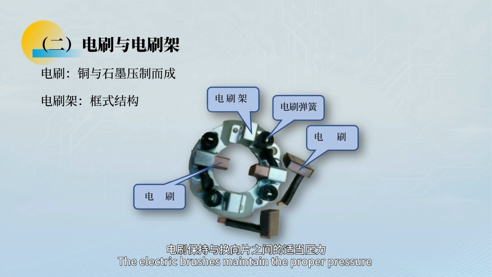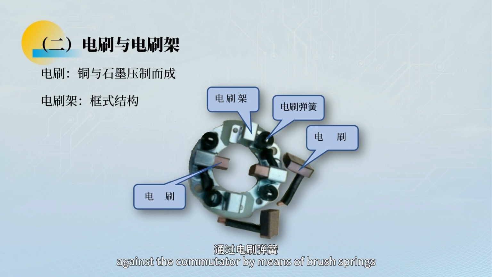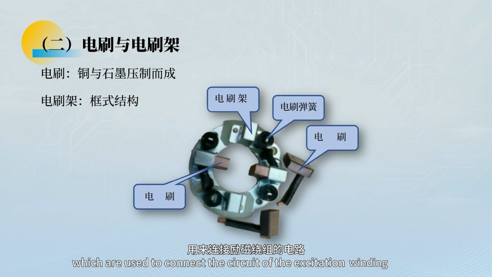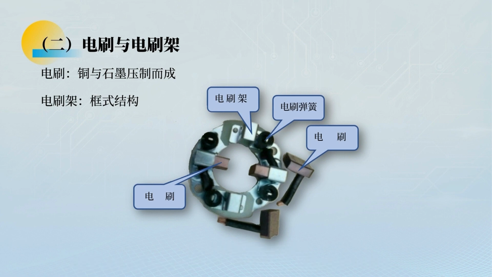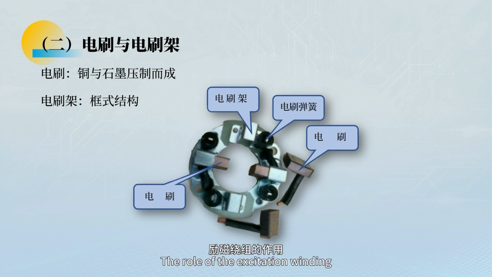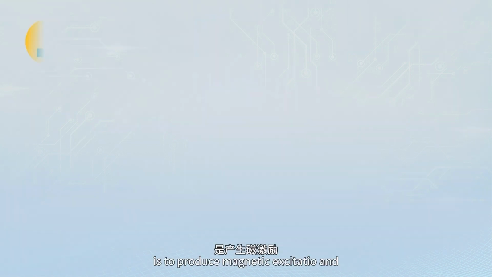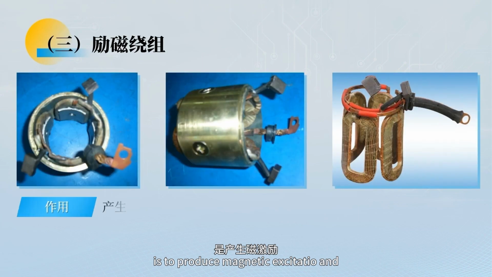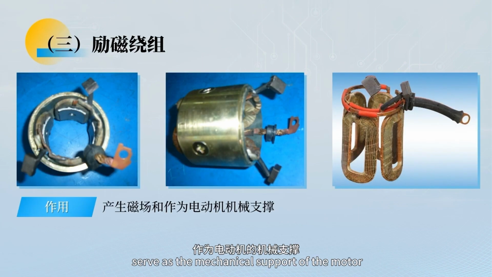The electric brushes maintain the proper pressure against the commutator by means of brush springs, which are used to connect the circuit of the excitation winding so that the current is introduced into the excitation winding. The role of the excitation winding is to produce magnetic excitation and serve as the mechanical support of the motor.